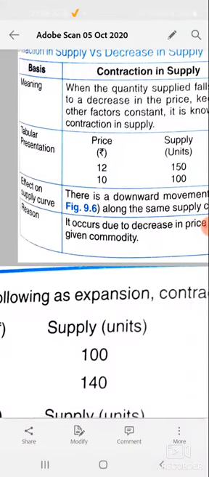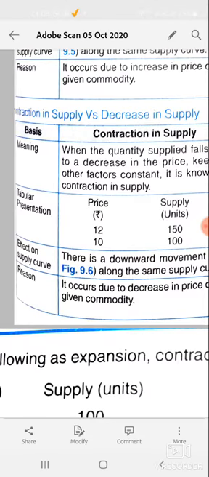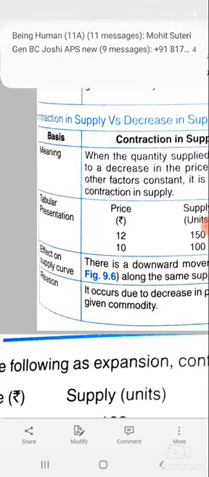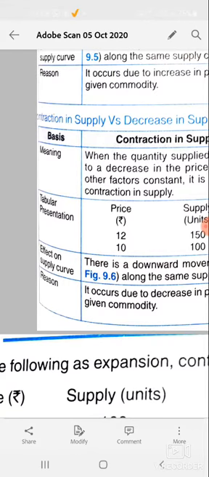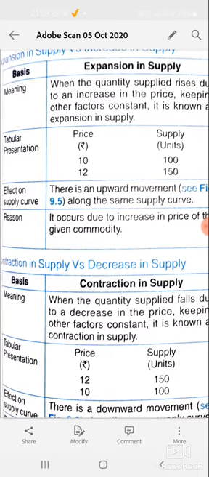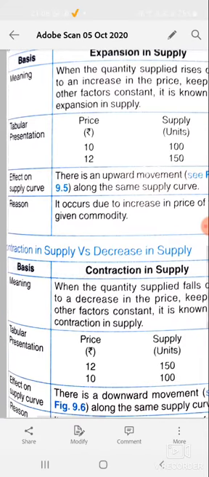Now the next differentiation is contraction and decrease. Again, contraction and decrease look similar and synonymous, but have different meanings in economics. The same differences you experienced in expansion and increase, you will find in contraction and decrease in supply.